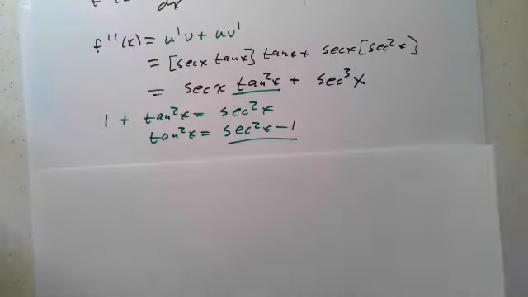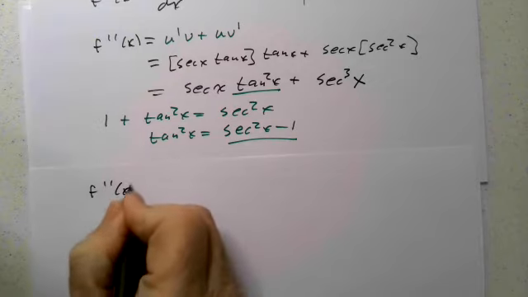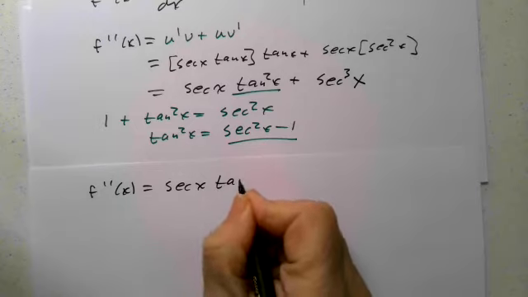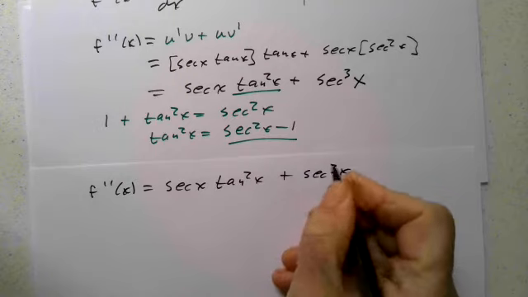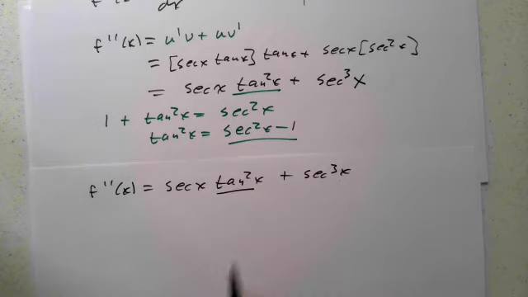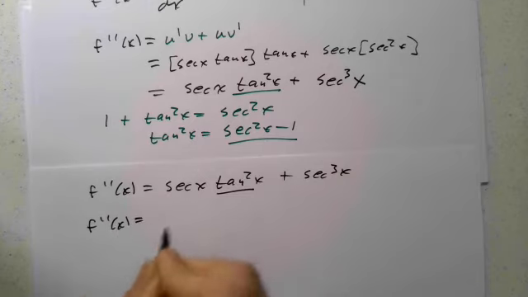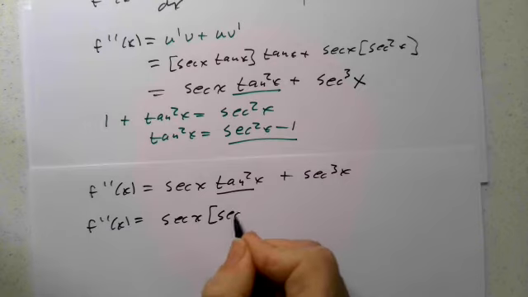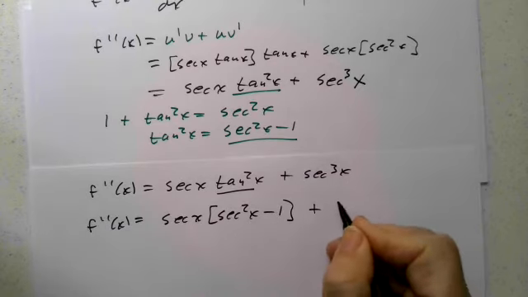So where are we at currently? We are at f double prime of x is sec x tan squared x plus sec cubed x, and then we will replace the tangent squared with sec squared x minus 1. Second derivative is sec x times (sec squared x minus 1) plus sec cubed x.